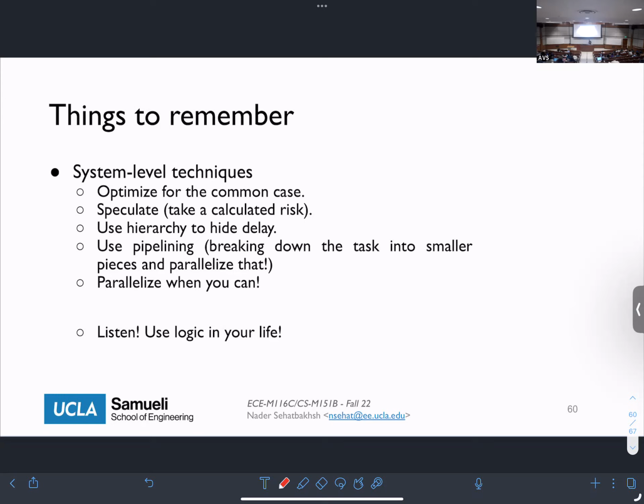The same way that you don't comment about caches when you have no idea, please don't make comments about other things that you don't have any idea about. Go and listen to the experts in those domains, learn from them. Once you feel that you know those things, then make a decision about them. So use logic in your life, because that's the way to go. Learn from the experts in that domain, whatever that domain is, and use that knowledge in order to make your decisions. So let that be a lesson from me to you, okay?